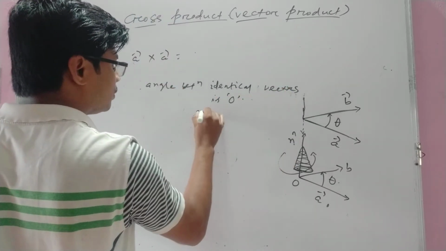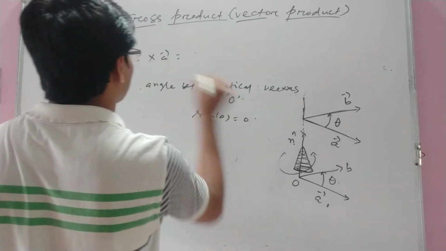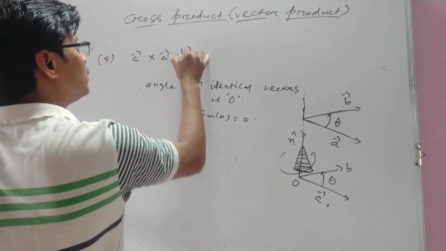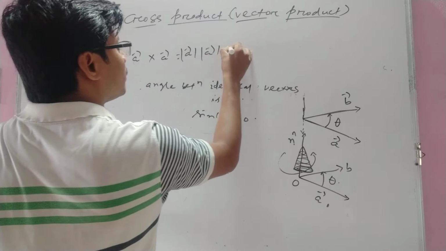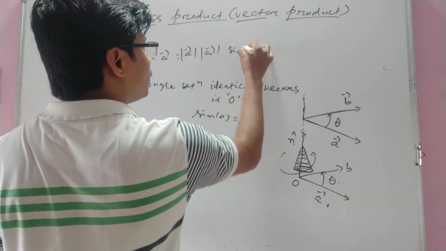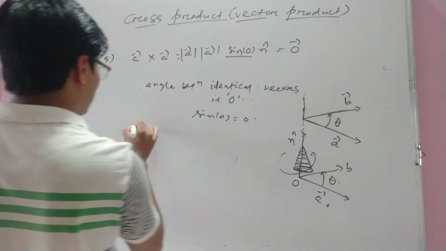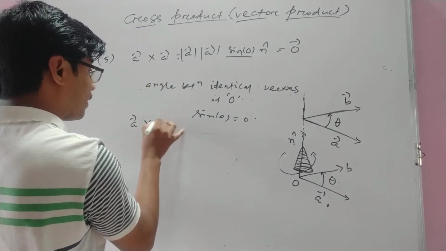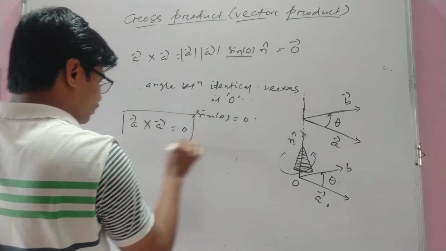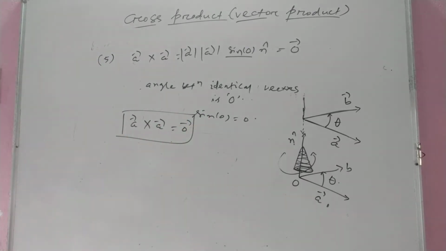That means sin 0 is equal to 0, so the vector is 0. Thus we get i cap cross i cap equal to 0 vector, not 0.